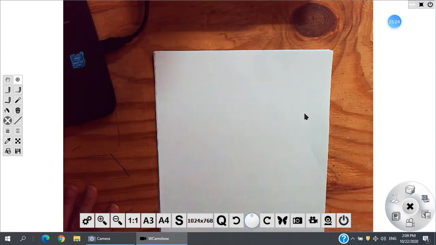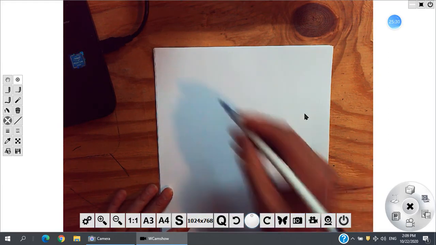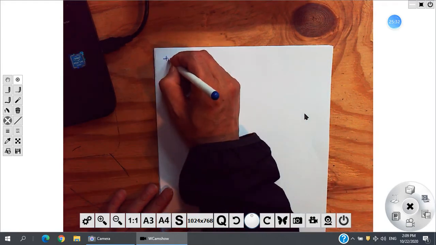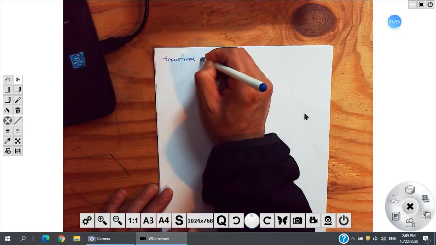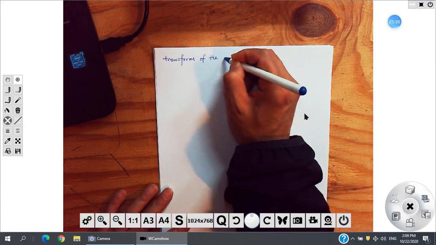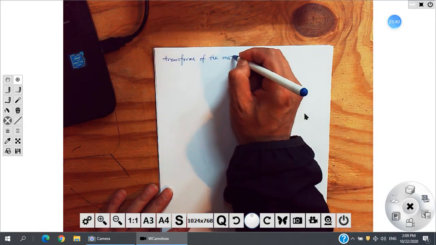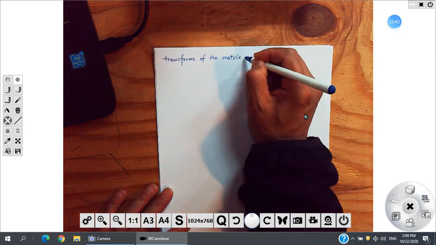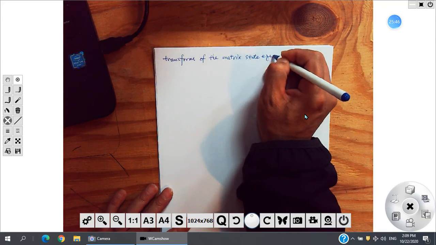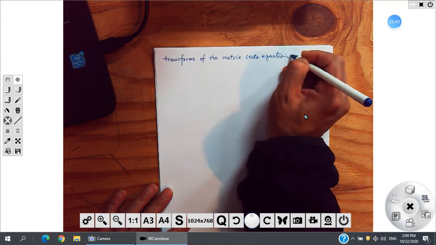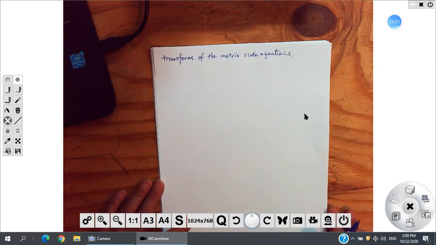Then can we change it to a canonical form? So this one we call the transforms of the matrix state equations. Yeah, we can have some change.